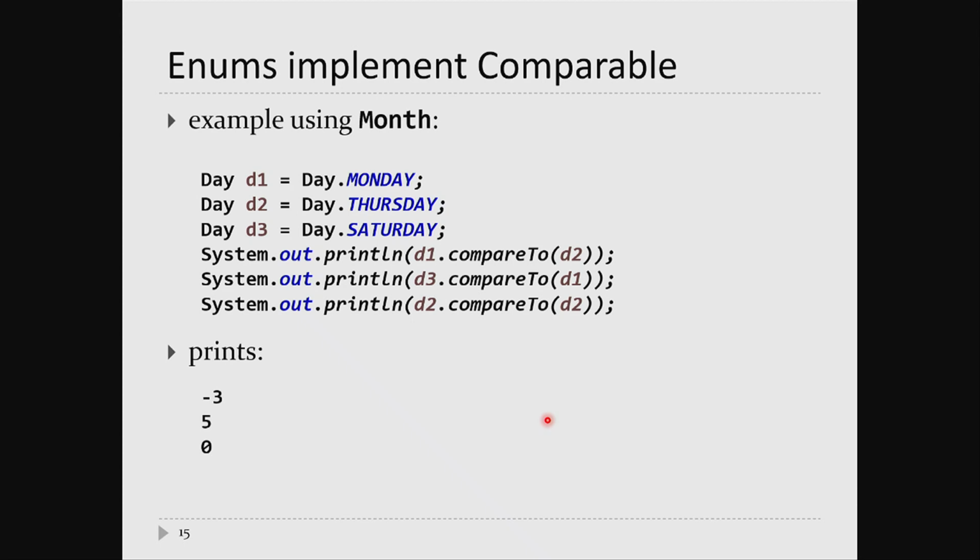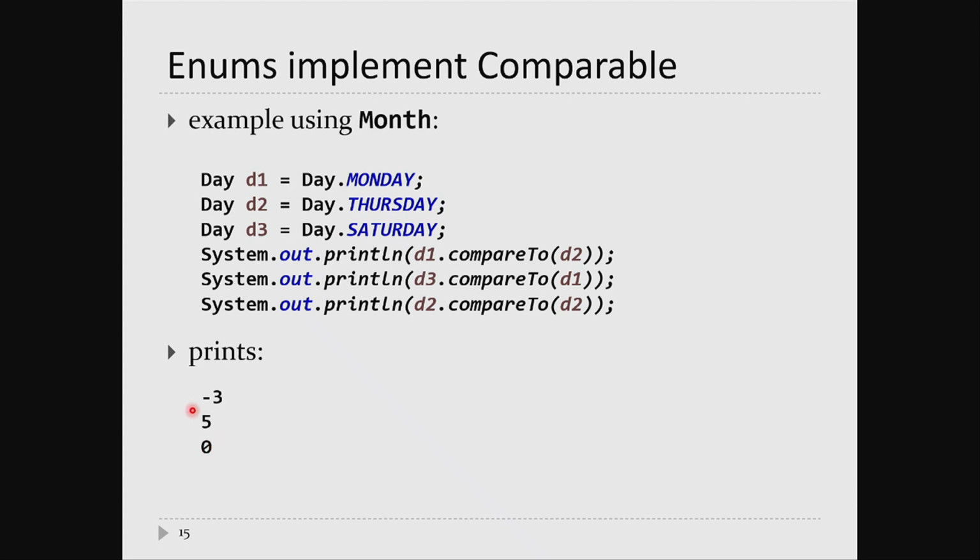For example, I've got Monday, Thursday, and Saturday. If I write D1 compared to D2, that's Monday compared to Thursday, and you get -3, so Monday comes before Thursday. D3 compared to D1, that's Saturday and Monday, so Saturday comes after Monday. D2 compared to D2 is Thursday compared to Thursday, so that returns 0, which says that Thursday is equal to Thursday.